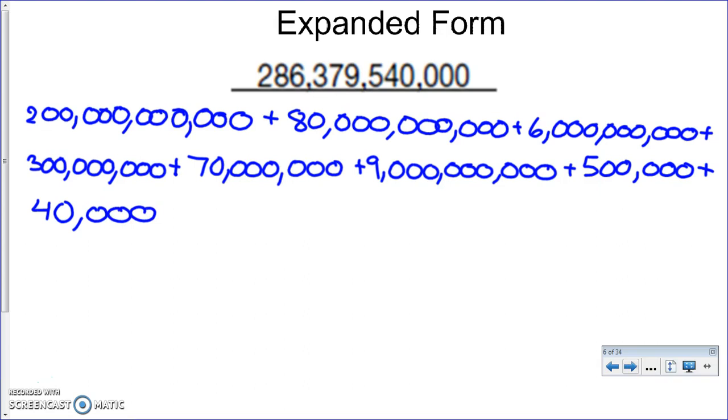So there is 286,379,540,000 in expanded form. And if there were other numbers instead of the zeros, we'd keep going. But since it's all zeros to the end of the number, we can stop there.